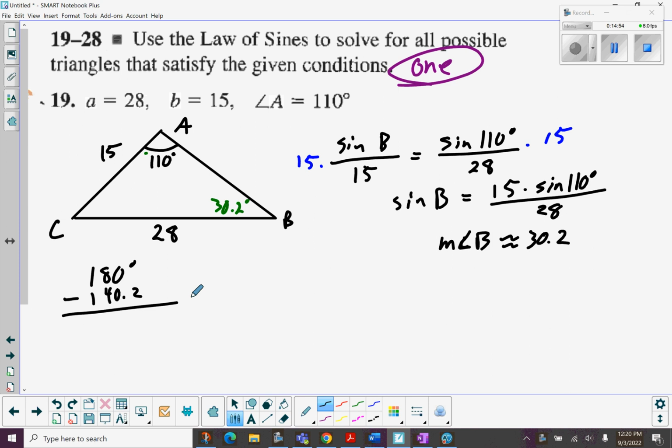Subtract that from 180. And then the measure of angle C we're left with, oh, come on. So we've got to go boom, boom, boom. 39.8 degrees.